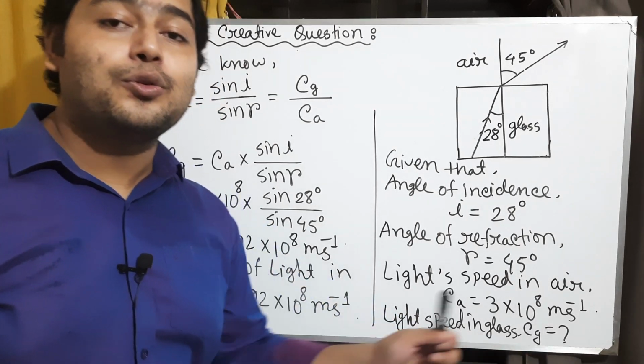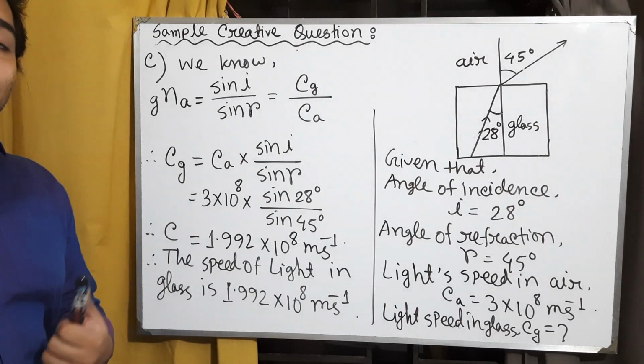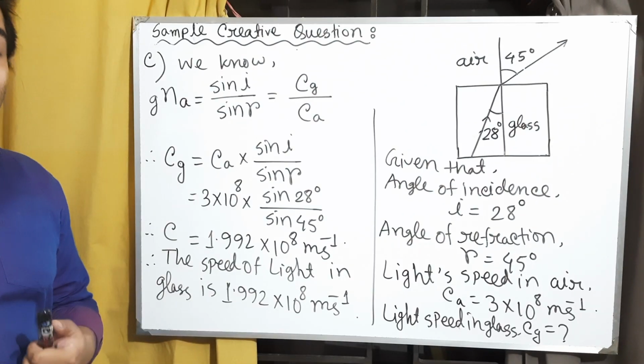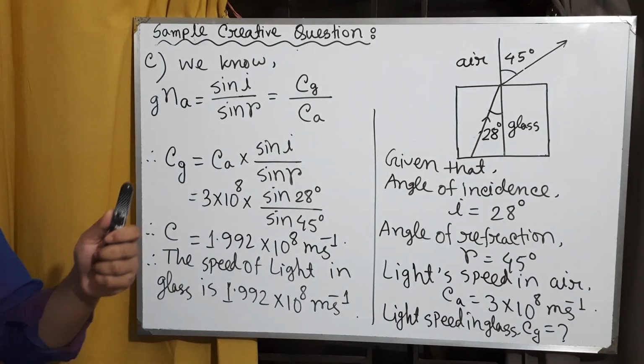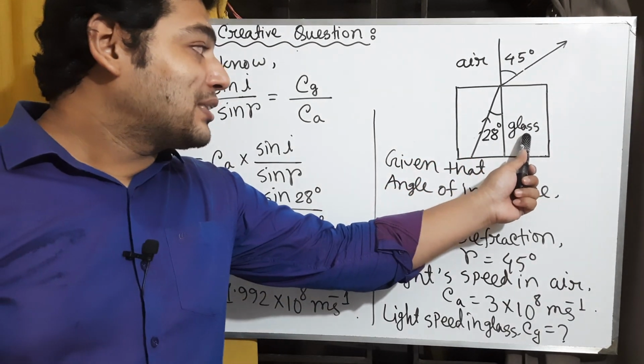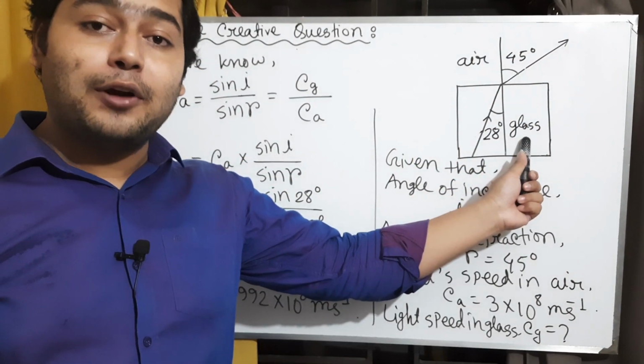So we know from the definition of refractive index, here we can write light is passing from glass to air. Light is passing from glass to air.